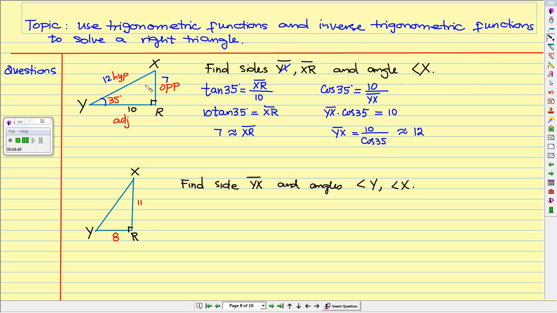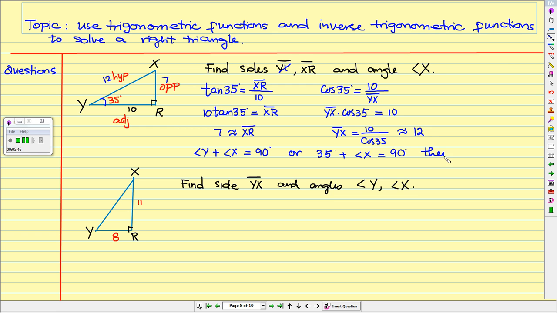But we're still missing one angle, so we need to find the angle X. We know that the angle Y plus the angle X have to be 90 degrees. Since the angle Y is 35 degrees, 35 degrees plus the angle X is 90 degrees.